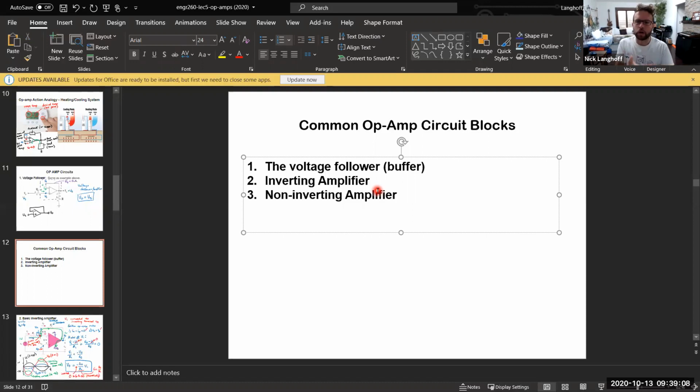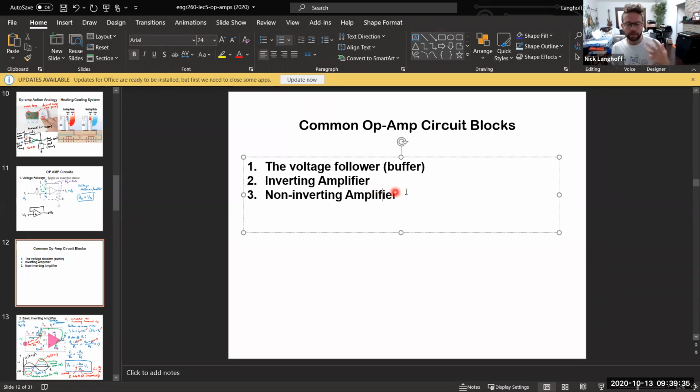The second reason is so that you can start to recognize these common op-amp blocks when you see a circuit with various blocks. Once you know the behavior for that circuit, you can apply the input-output response that we've already derived.